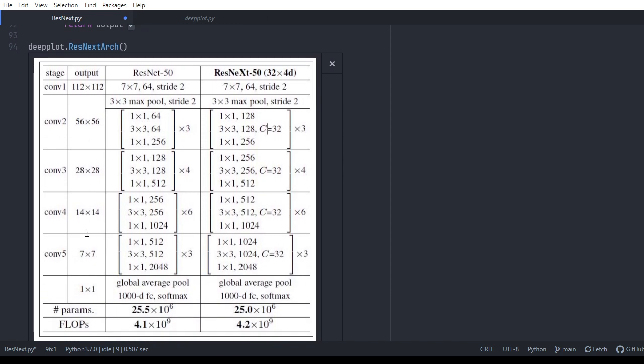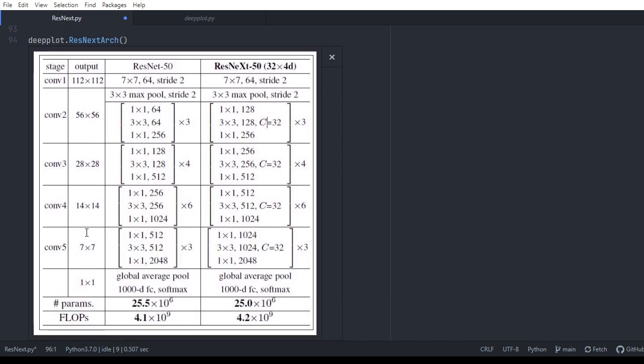So we see that for the ResNext, the only difference was the cardinality dimension, as we saw earlier, which we said is the dimension which was added on to the ResNet in order to make it the ResNext architecture.